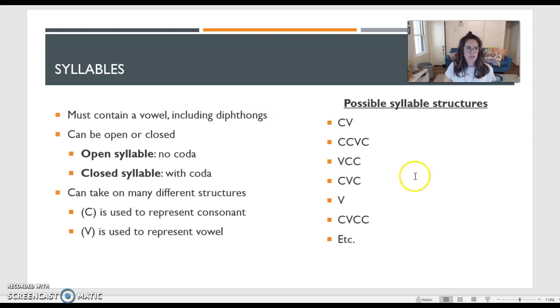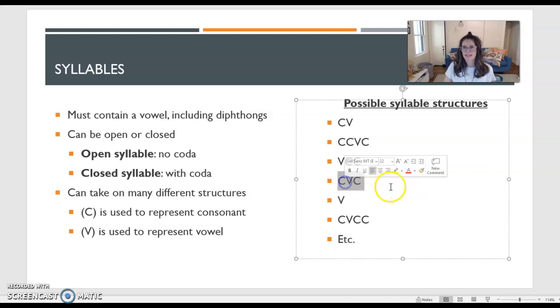So we had the word cat, for example. That's going to be this CVC structure, k, a, t, okay? Here's a syllable that is only a vowel sound, and that might be the word eye, right? It's just one sound, just a vowel, one syllable, and it's still a word, okay?